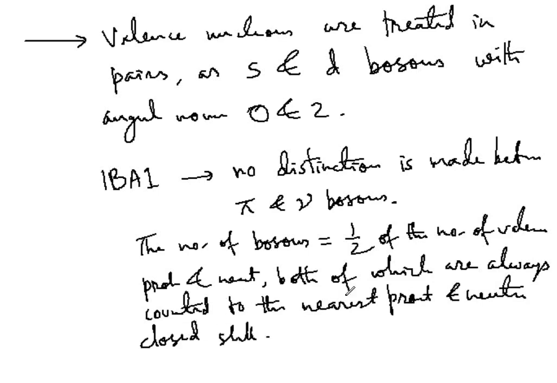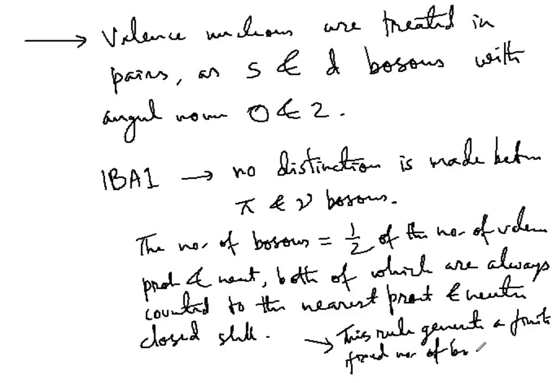Right. Now, you see, this counting rule generates a finite fixed number of S and D bosons.